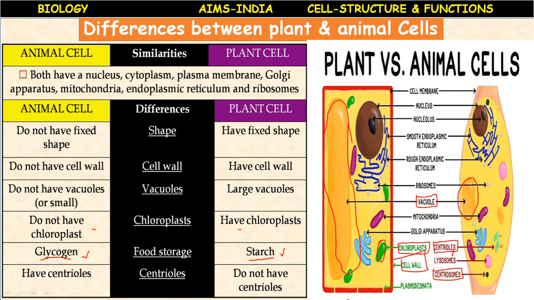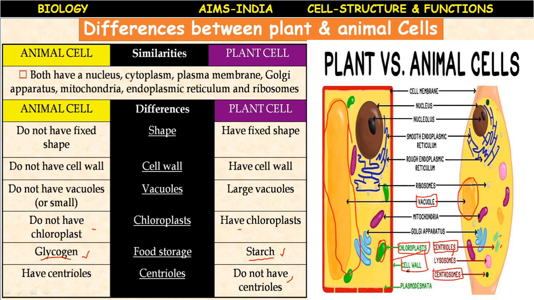Whereas plant cells do not have centrioles. But at the time of cell division, the plant cells also produce centrioles. Centrioles are formed at the time of cell division only in the plant cells.